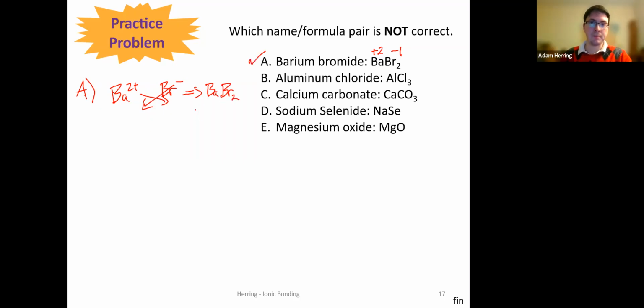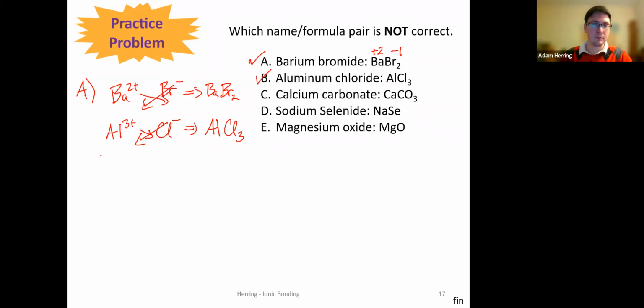So that's correct. Aluminum and chloride. Aluminum is in group 3A, so it has a positive 3 charge. Chloride is in group 7A, it has a -1 charge. We cross those charges and we get 1 aluminum and 3 chlorine. So that is correct.